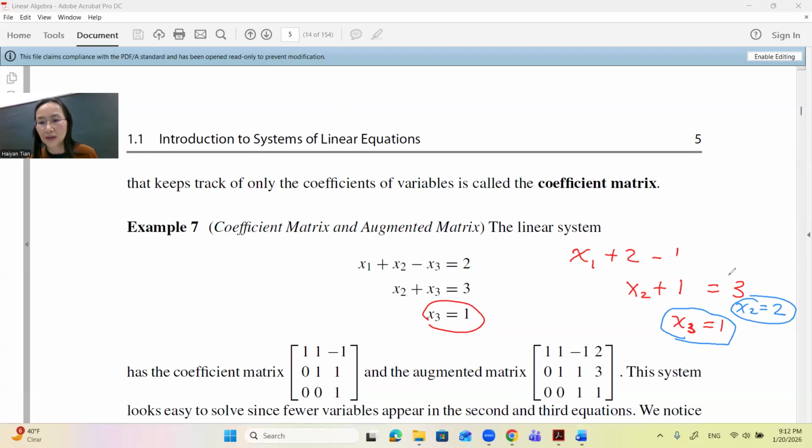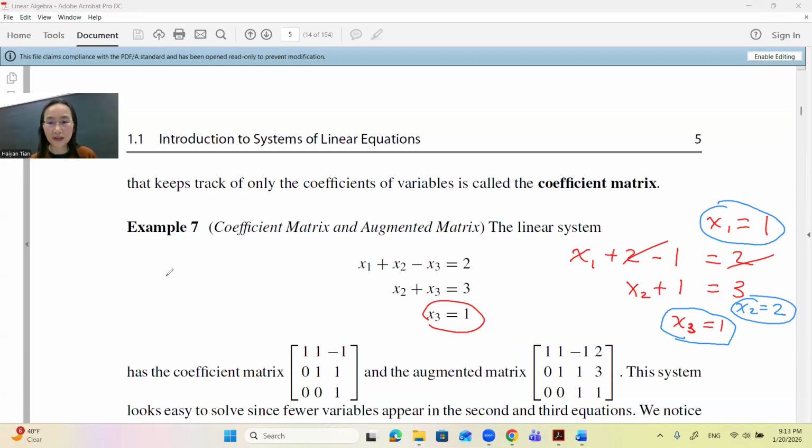x3 is given actually in the third equation. And what is x1? Let's see, after we subtract 2 from both sides, you see x1 is just 1, right? Add 1 to both sides. So x1 is 1. So now we have a unique solution because we found x1, x2, x3.